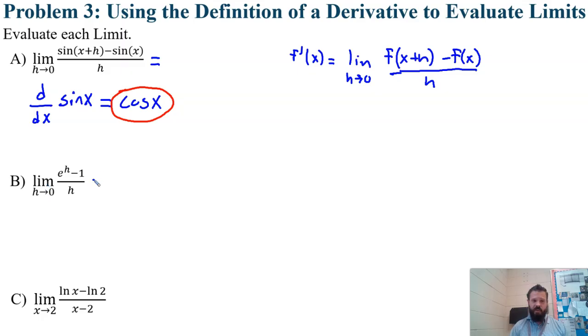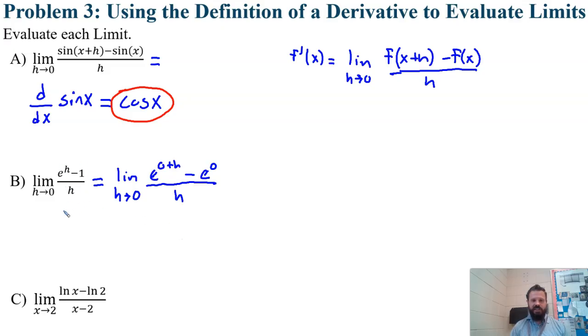So first thing I'm going to want to do is rewrite this limit. And I want to think of how I can get this negative 1 out of e to some power. Well, I can rewrite this e to the h minus 1 as e to the 0 plus h minus e to the 0, all over h.